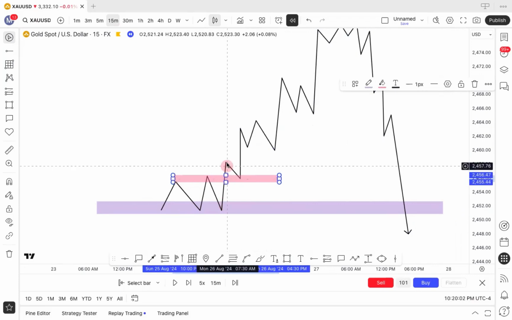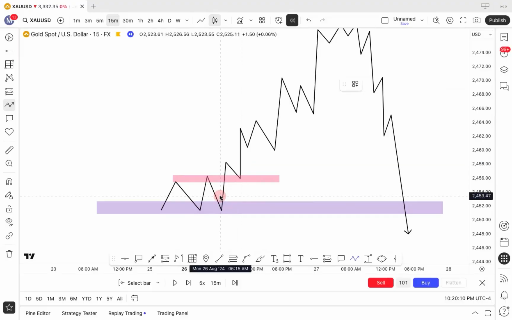And when we broke this, do you notice how we came back and tested it? So what was once resistance then became support. Because remember, we buy at support. So we held here, so we pushed, and when we broke this resistance, we used it as a support level so price could continue pushing up.